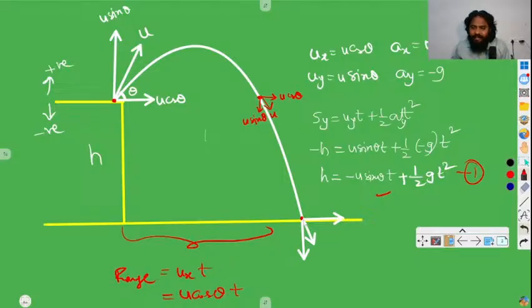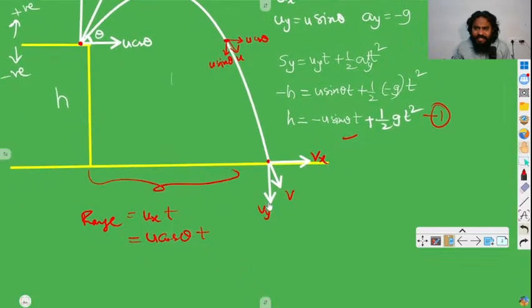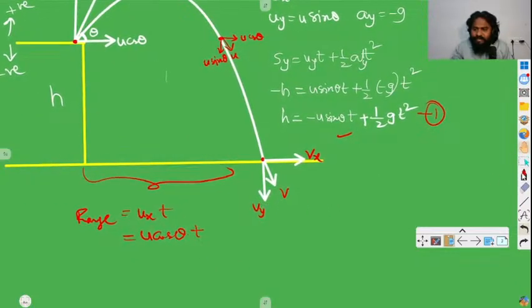And next, while striking, just imagine it is striking with velocity v. Now you have to find with what velocity the object is striking and at what angle also. Just imagine this is vx and this is vy. As I said, along the x-axis there is no acceleration.